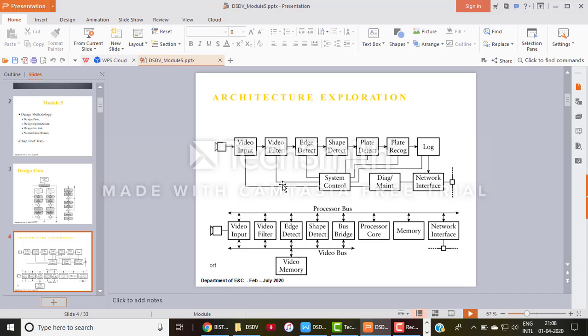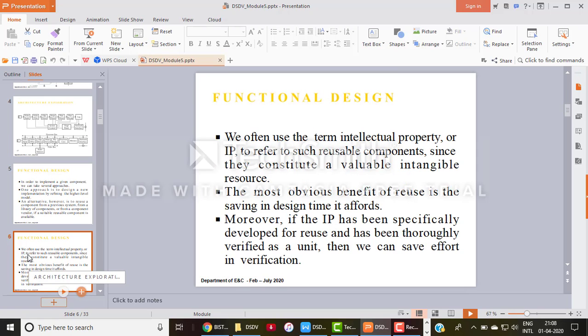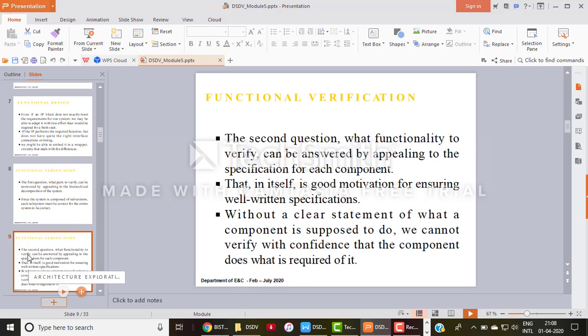So you need to concentrate on the block and look into the edge detector, which is used to identify a shape in the video or changes in the video. That's the major thing here. So that's the explanation.